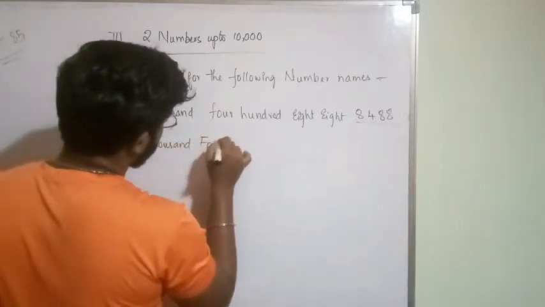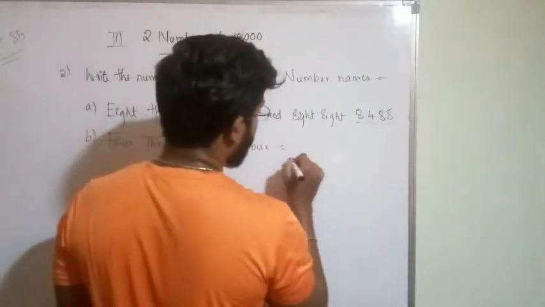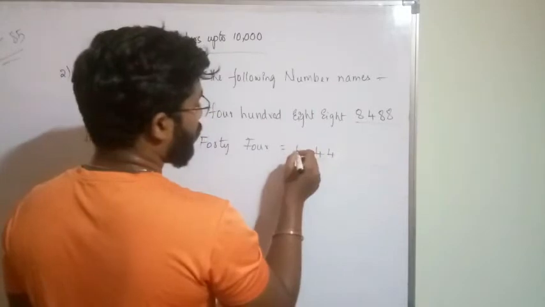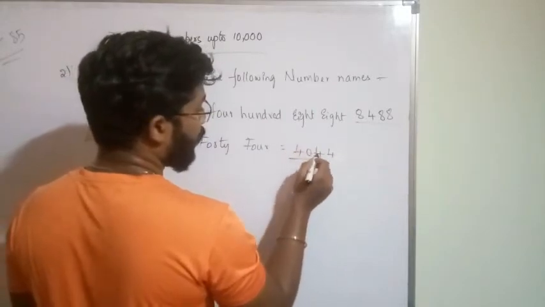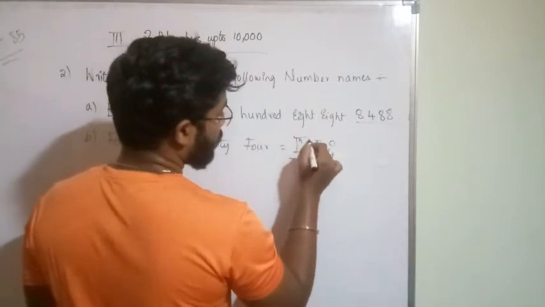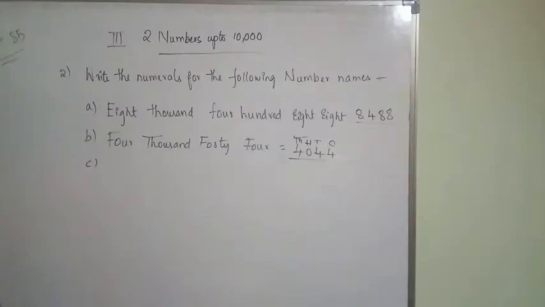Just for your understanding I am telling like that. 2700. What is that number? 2700. Okay, D is how much?